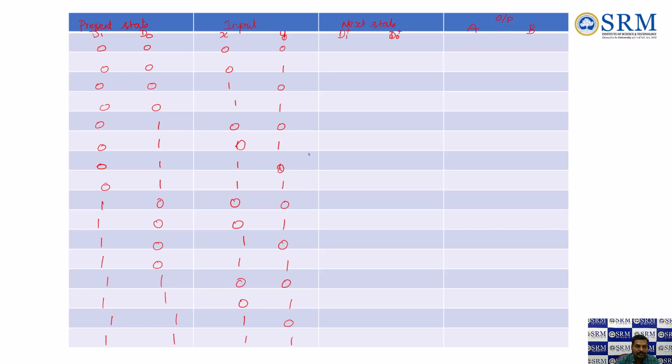Right. So these are the maximum possible combinations of present state along with the inputs, that is the 5 rupee coin as well as the 10 rupee coin.